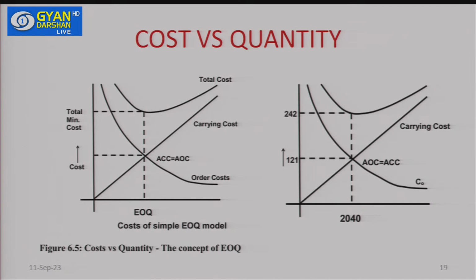So the reorder period is 10 weeks, but the reorder point will be the 6th week, or 4 weeks prior to the complete exhaustion of the material. So this is your diagram or graph between the cost and quantity.